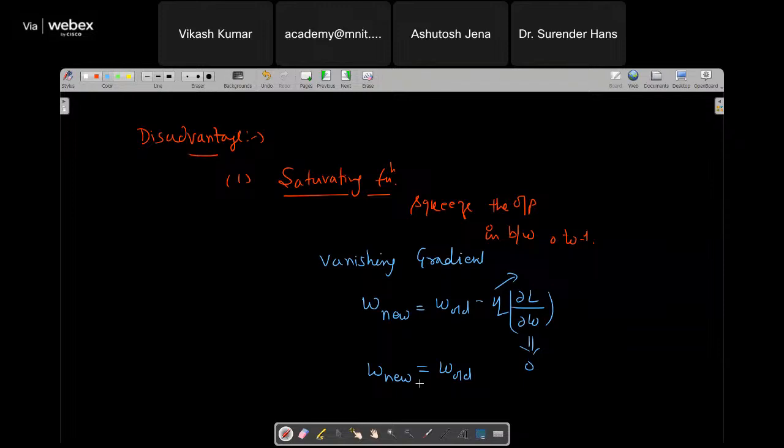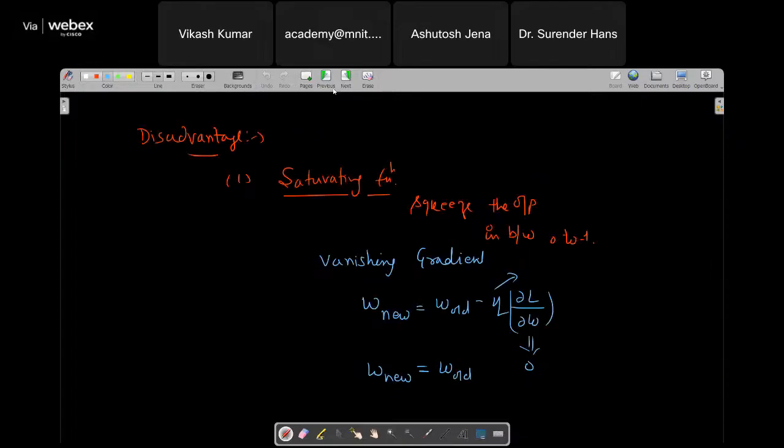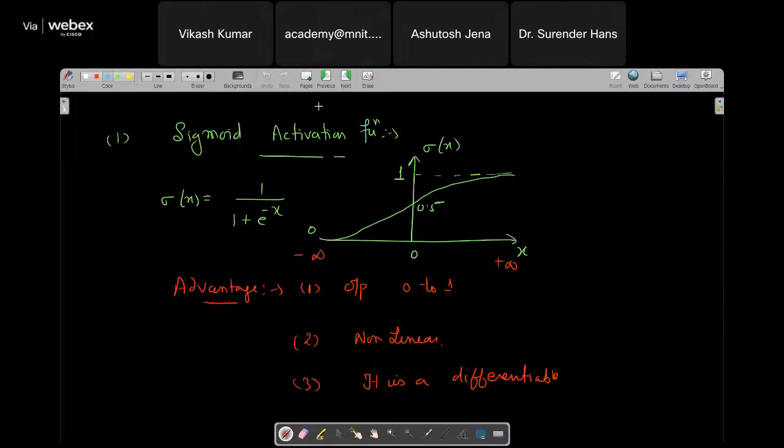Let us say x is very large, then the differentiation is close to 0.